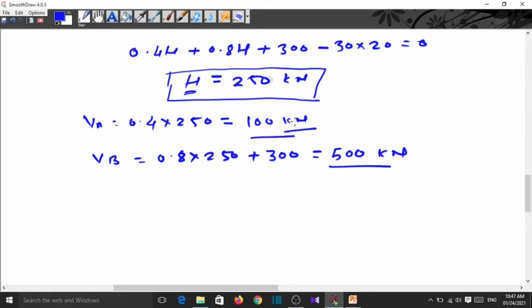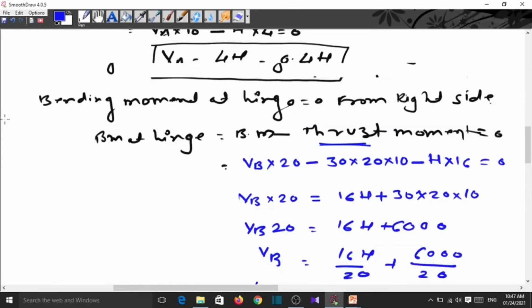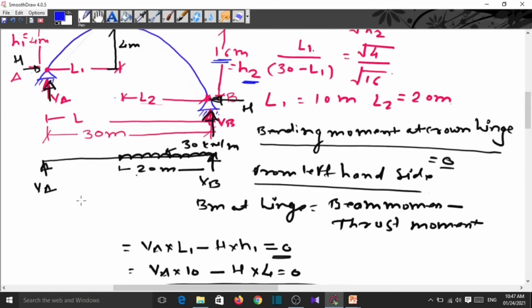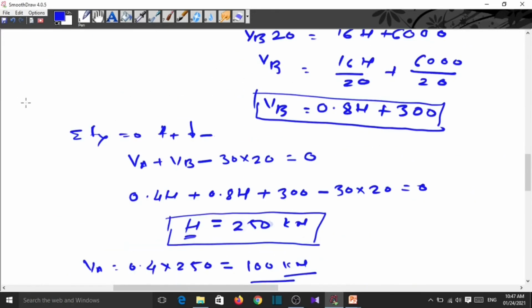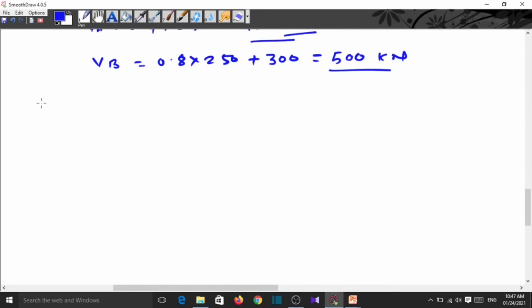Now the next step is to calculate the internal forces. So here this VA is equal to 100 kilonewton, and this VB is equal to 500 kilonewton, and this H is equal to 250. Now the internal forces.